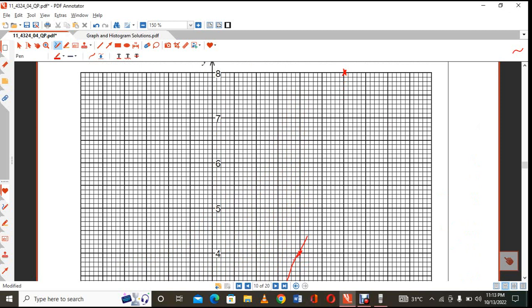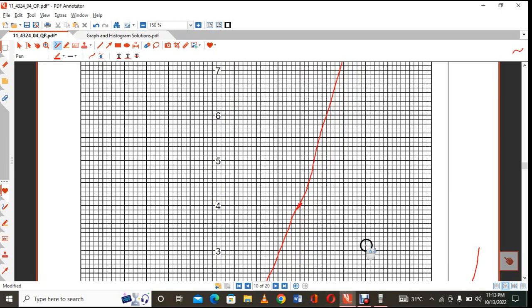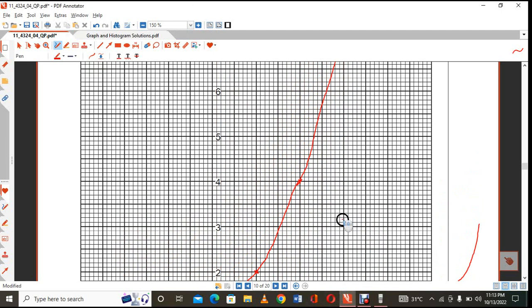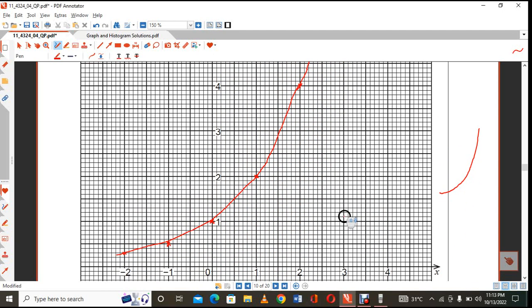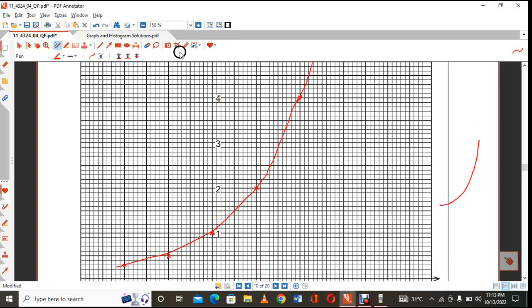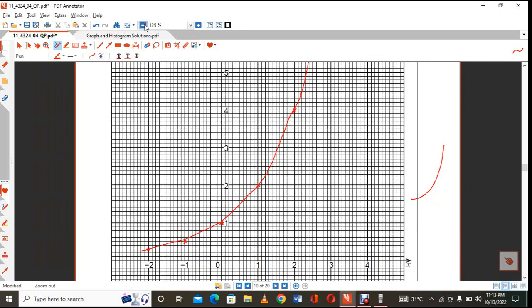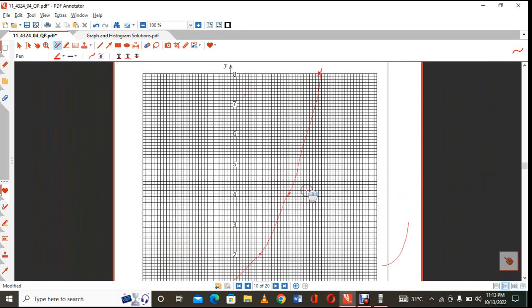Well, mine is not as smooth because it's kind of tricky working on the software here. Okay, I will show you the other graph that I have in a minute. So more or less, your graph will be something like that.